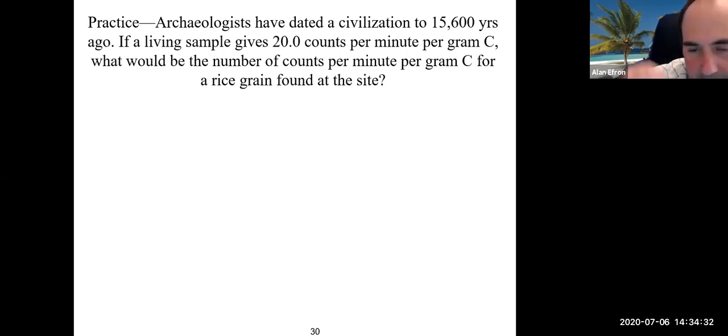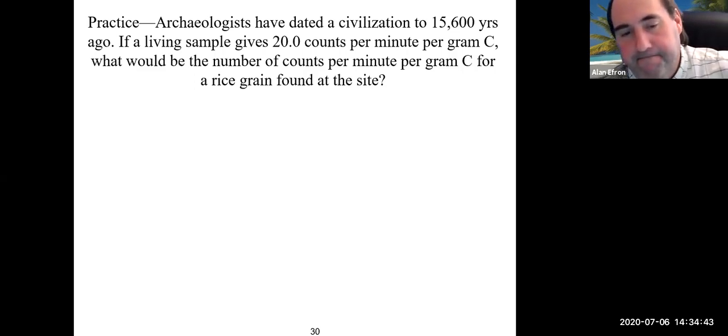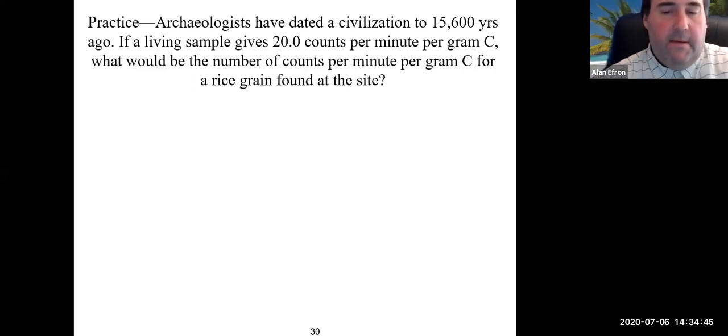See what you come up with. And again, a hint here: since it is still carbon, you would use the same half-life.